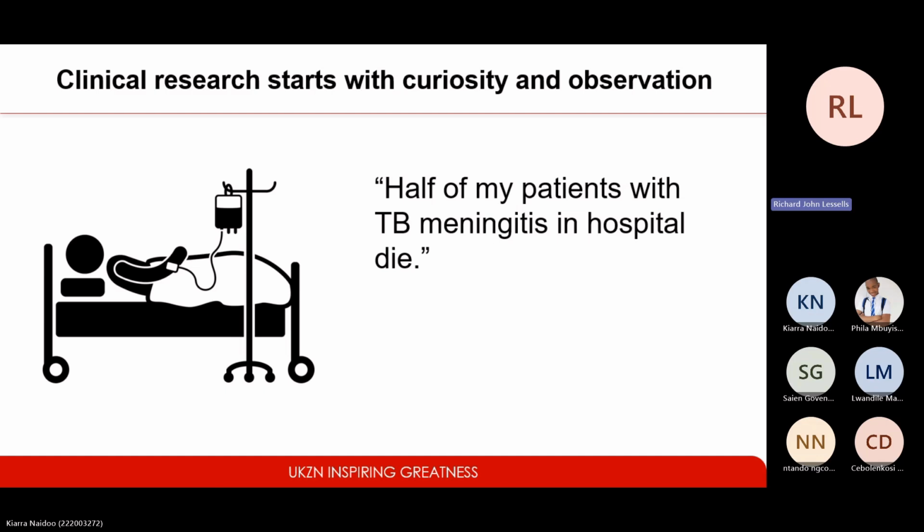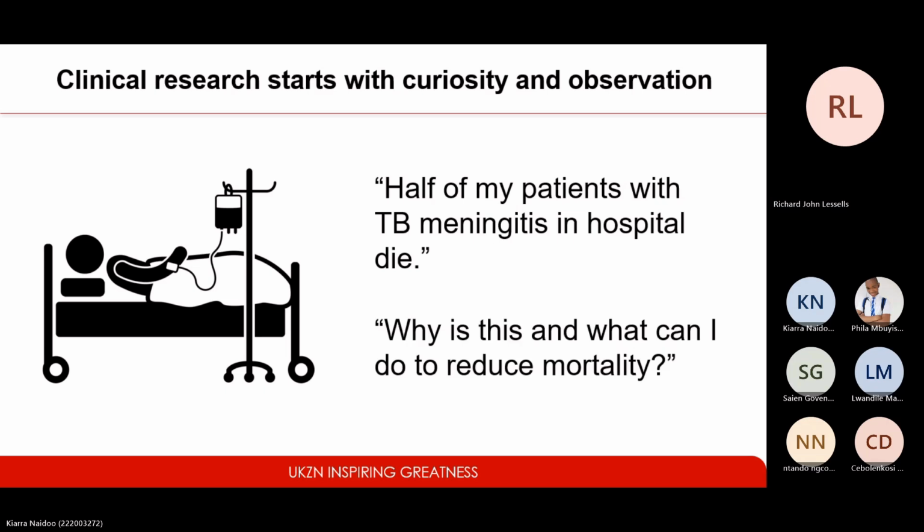Why are so many of my patients dying, and what can I do about it? Does that seem reasonable curiosity? Can you understand this kind of observation? This could come from one patient, or from a group of patients, where you're starting to notice a trend from your day-to-day clinical practice.